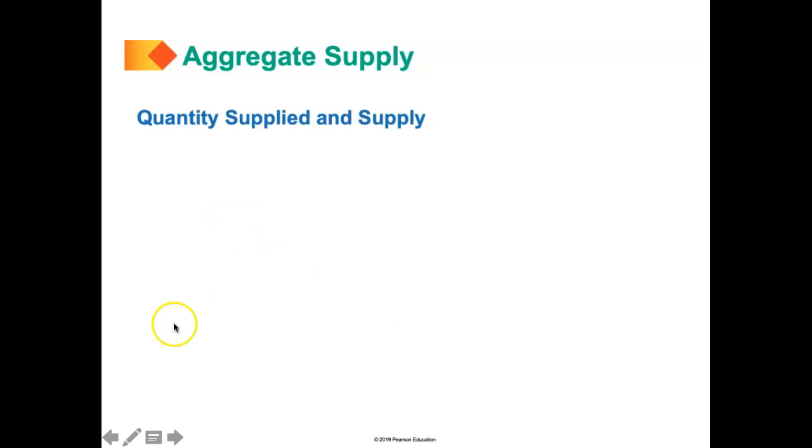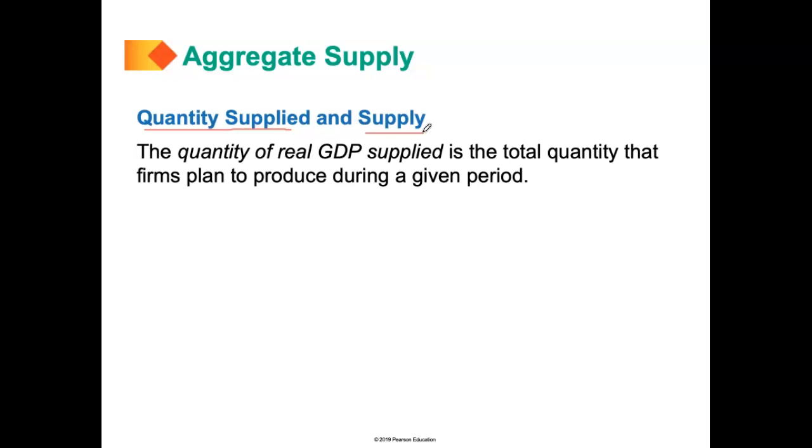Again, there's a difference between quantity supplied and supply. When you're looking at aggregate supply, you're looking at the general economy. So you're looking at the quantity of goods produced in the economy, which is GDP, versus the price of all those goods together, which is the price level. So when we say the quantity supplied, we're talking about the quantity of real GDP supplied.